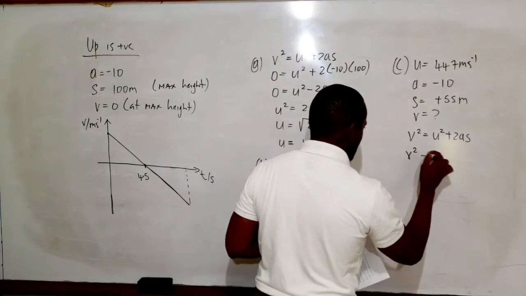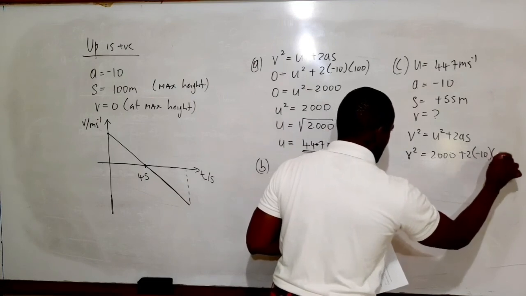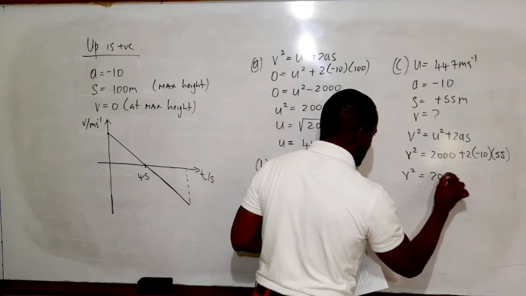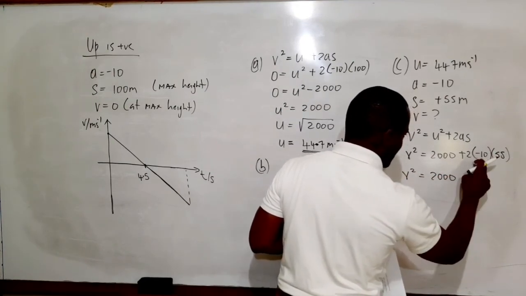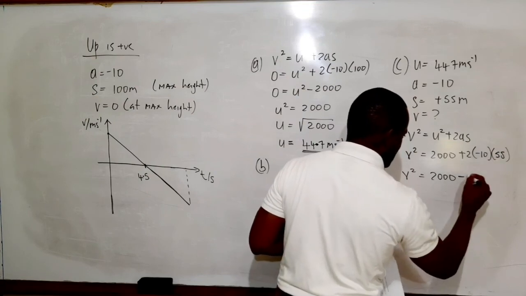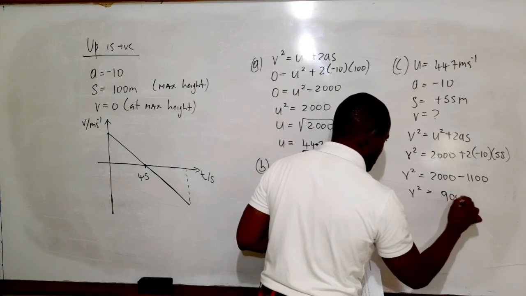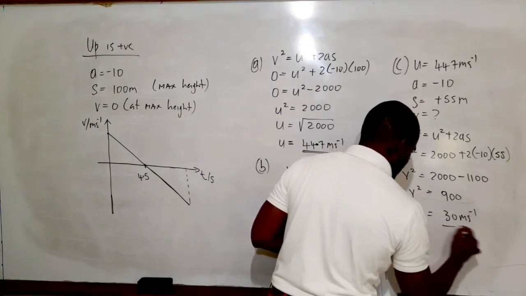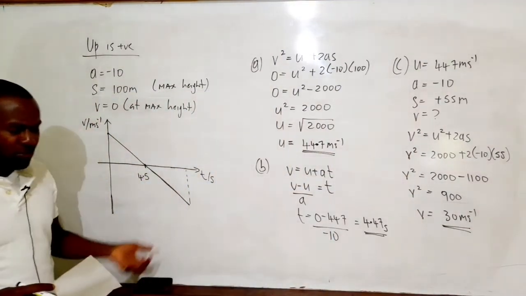So V squared is equal to 2000 plus 2 times minus 10 times 55. That's 110 times 10, 1100. This is minus 1100. So V squared is equal to 900. And therefore, V is equal to 30 meters per second. And in this case, of course, it's positive because of the direction moving upward.